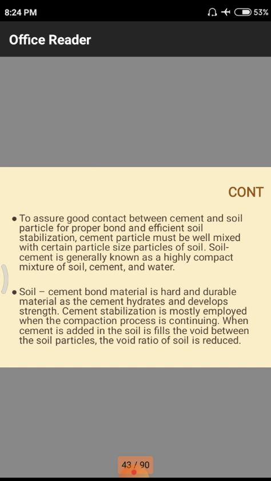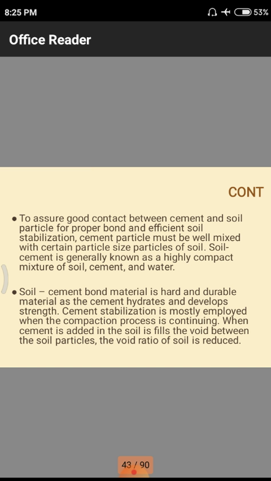Mixing and compaction are both required in the case of cement stabilization. But in lime stabilization, there is only a requirement of the mixing process and spreading process. In the case of cement, we have to do both mixing and compaction, then only we will get a good compressive strength.